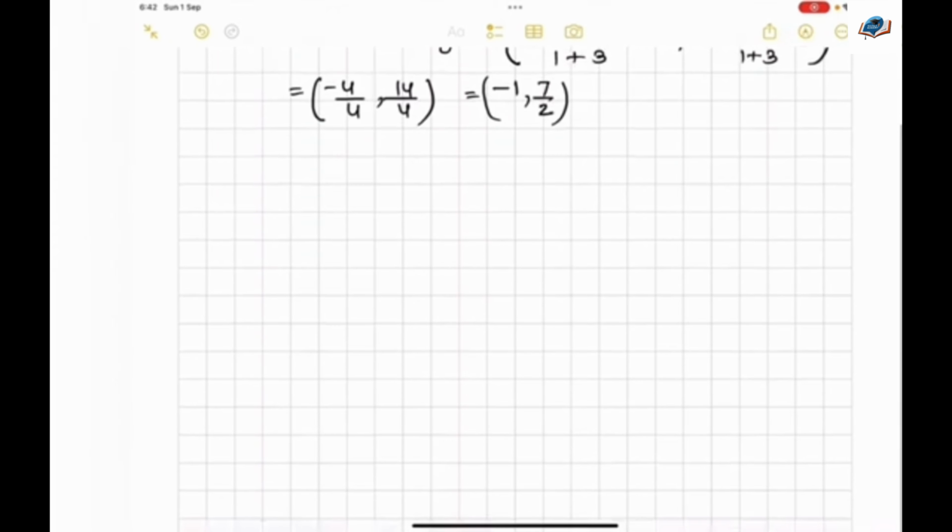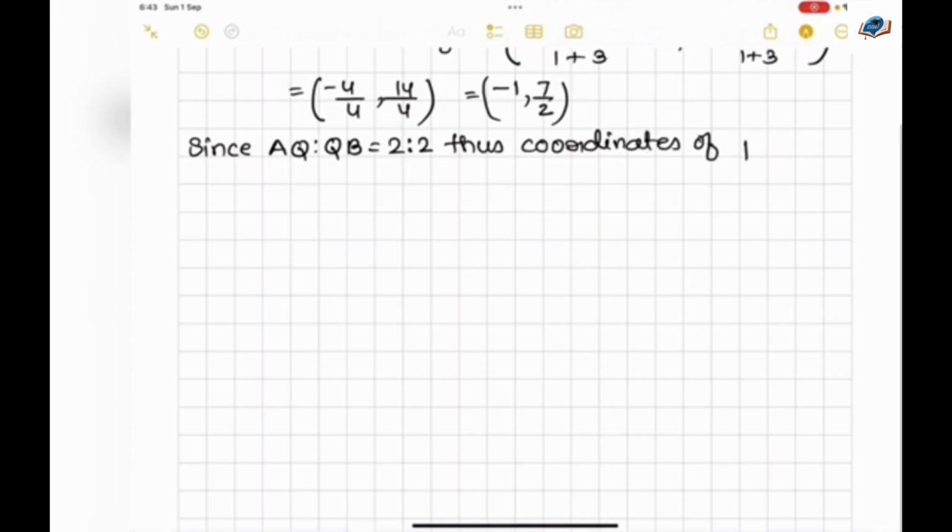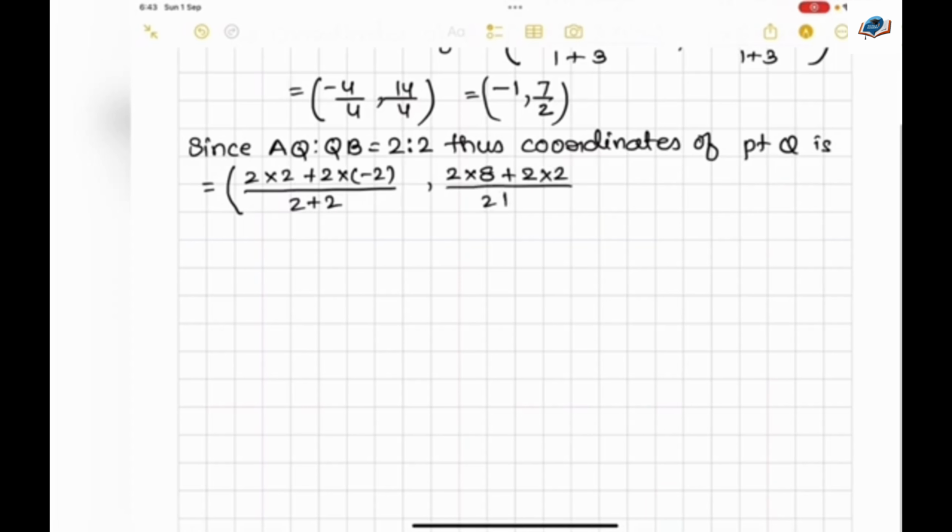Now, same way, since AQ is to QB equal to 2 is to 2, thus coordinates of Q point is equal to (2 into 2 plus 2 into minus 2) by (2 plus 2), comma (2 into 8 plus 2 into 2) by (2 plus 2).